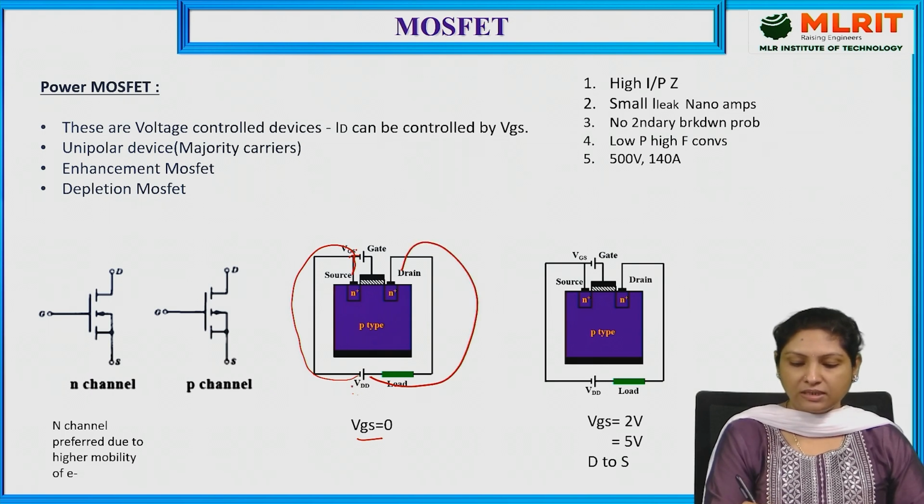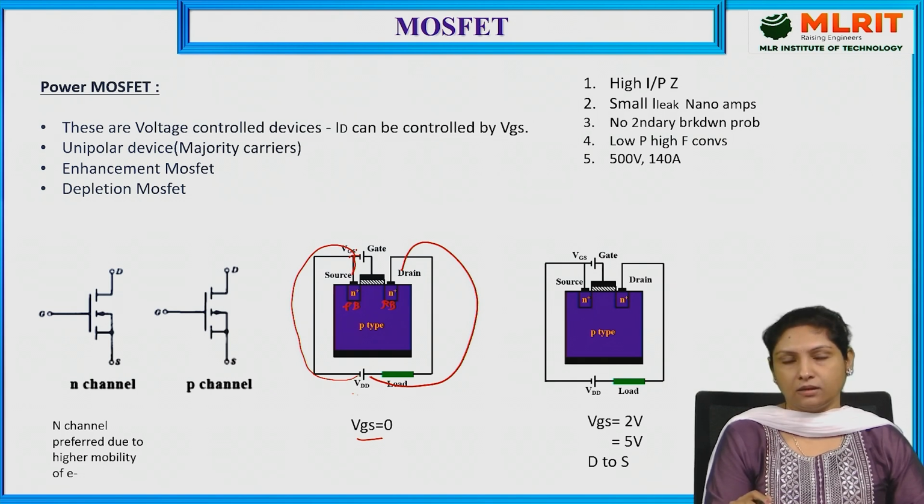Because negative is connected to the N layer, this comes under forward bias mode. And since positive is connected to the N layer, this comes under reverse bias mode. In that case, one of the regions is reverse biased, hence it doesn't conduct any current.